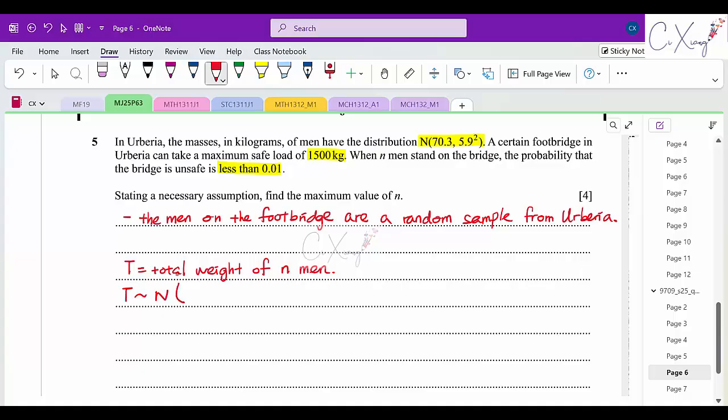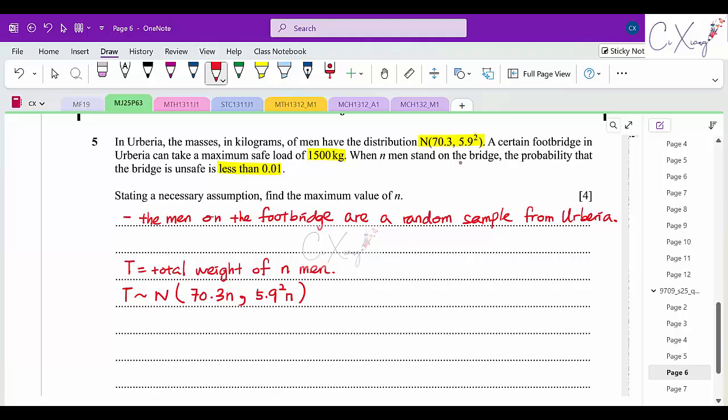What is the new mean here? You are taking 70.3 plus 70.3 plus 70.3 for n times. Therefore, you are having 70.3n. For the variance, it is the same. You are having 5.9 squared plus 5.9 squared plus 5.9 squared for n times. Therefore, you are having 5.9 squared n for the variance.